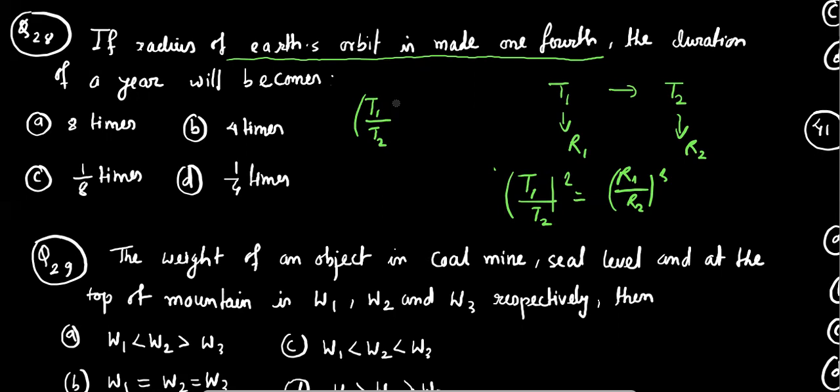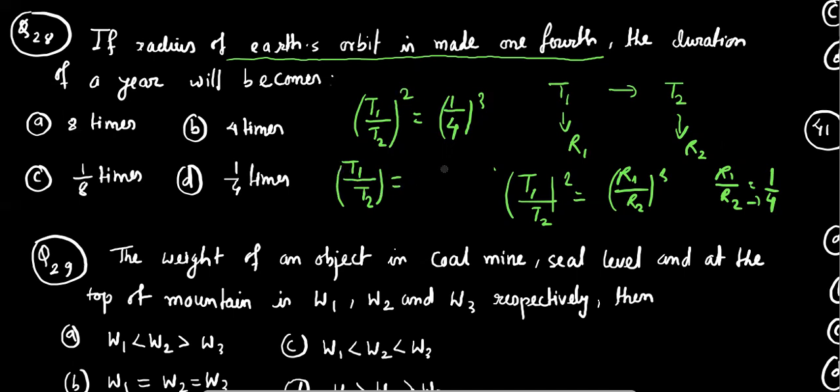So in the place of r1 by r2 we can directly use the value 1 by 4, because the final radius is 1/4 of the original radius. So here I'm going to write 1 by 4, and its cube is here, this is 2 square. Okay, now we can write t1 is to t2 as 1 by 4.